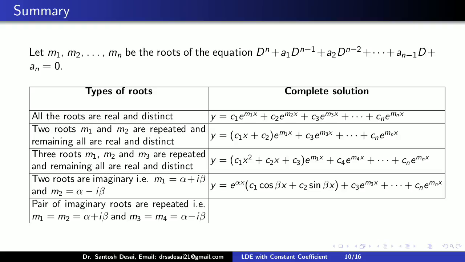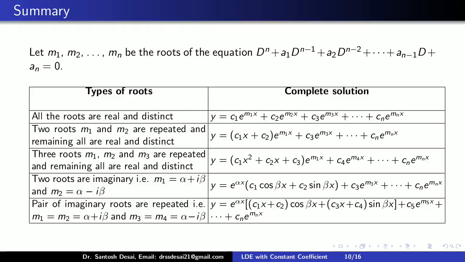And if a pair of imaginary roots are repeated, that is m1 is equal to m2 is equal to alpha plus i beta and m3 is equal to m4 is equal to alpha minus i beta, then CF can be obtained by combining case 2 and case 3.